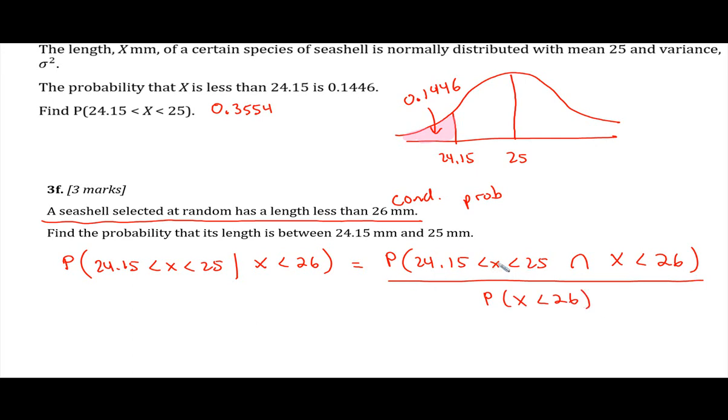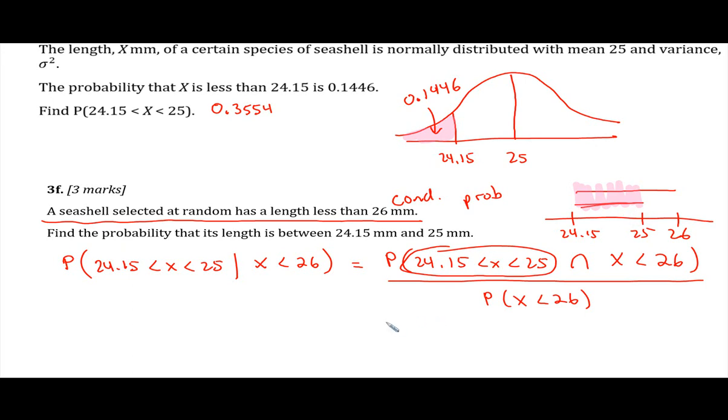The intersection between 24.15 and 25 and x less than 26 is going to just be this. If you think about it, between 24.15 and 25 is this, and less than 26 is all of this. So the intersection where they overlap is just this part.